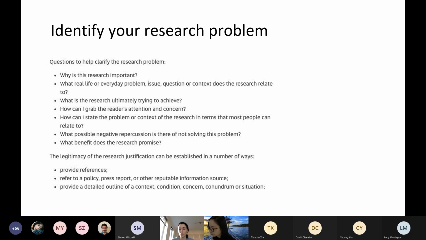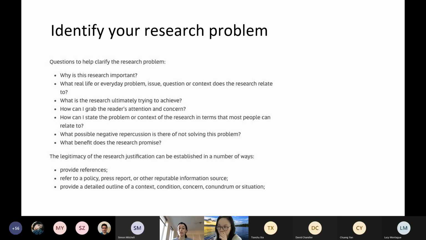You can pose some of these questions to help you identify or clarify the research problem. Why is this research important? These things are important for you to express in the introduction of your dissertation as well. So think about, why am I doing this research?